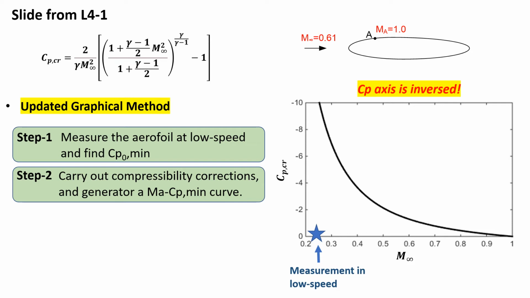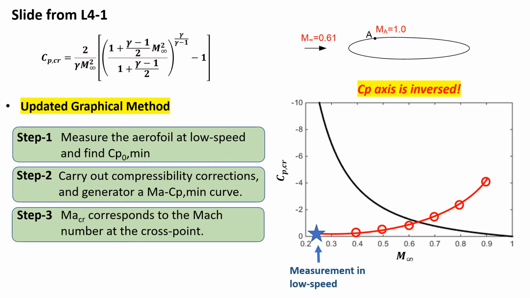So we can apply the Karman-Tsien rule, or the Prandtl-Glauert rule, or the Laitone's rule. Whatever method we use, we just implement the corrections and get such dots at different Mach numbers. So here we did the correction at 5 Mach numbers.